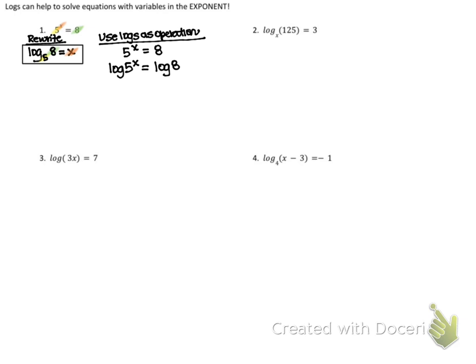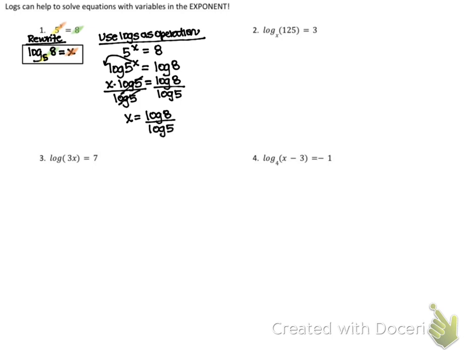Now that logarithm's there, now we can bring the x down. So this is x times log 5 is equal to log 8. And then to get rid of multiply, we divide. Those cancel. There's x. X is equal to log of 8 over log of 5.